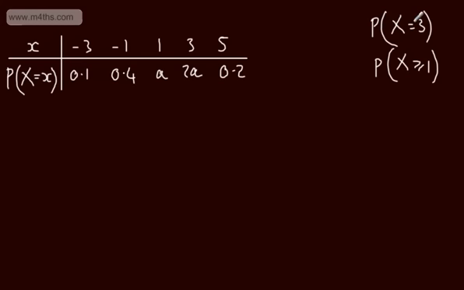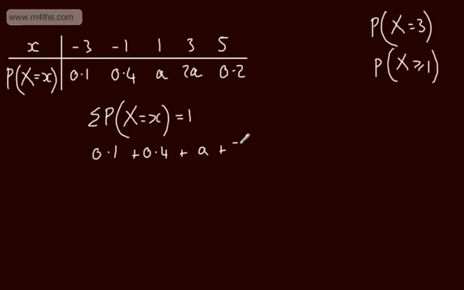So I want the probability that X is equal to 3 and the probability that X is at least 1. The first thing we know is the sum of the probability of X being equal to x is going to be 1. So looking along here, I can find the value of a. What we've got then is 0.1 plus 0.4 plus a plus 2a plus 0.2 will be equal to 1.